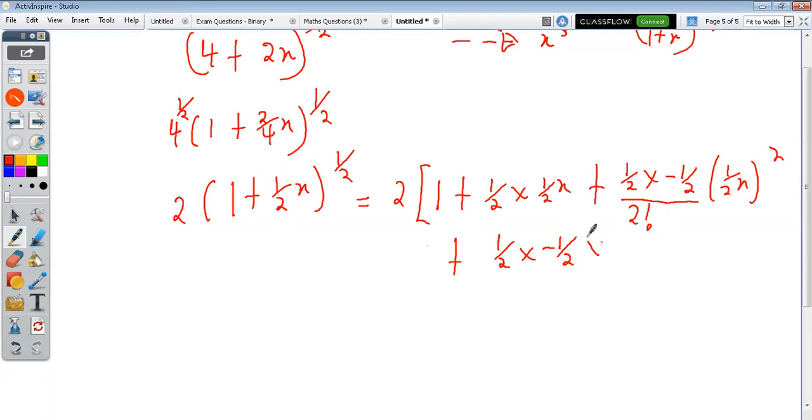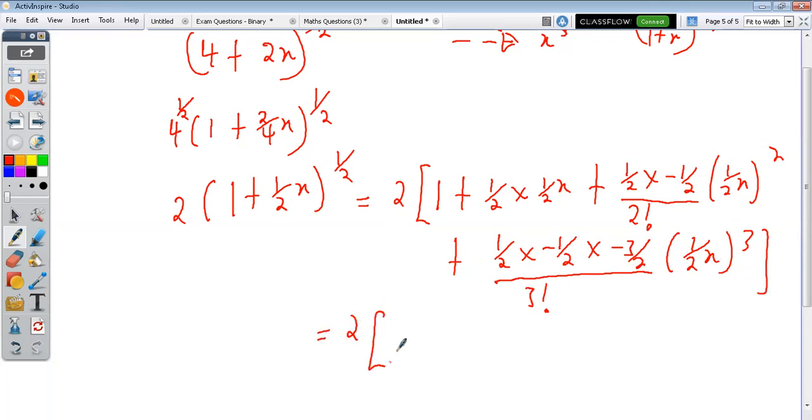Then we subtract 1. If we subtract 1 from minus half, what do you get? Negative half minus 1, and then minus 3 over 2. Divided by 3 factorial. Multiplied by half x to the power of 3. Close brackets.